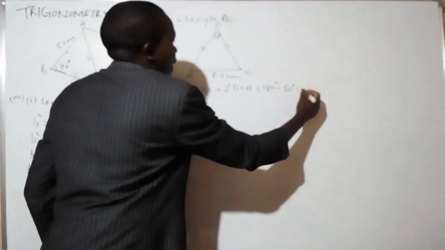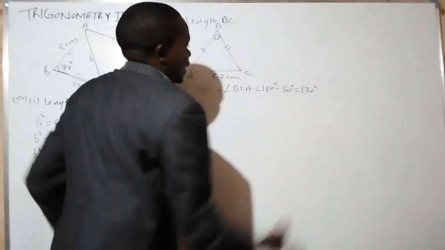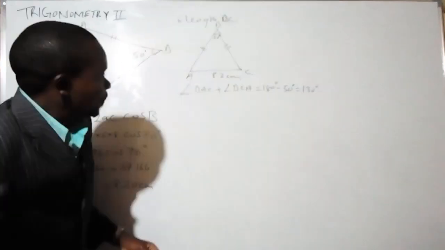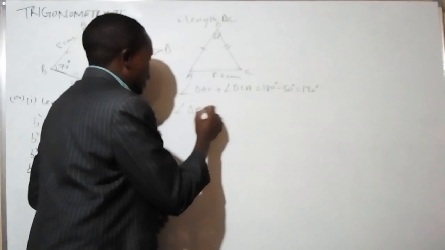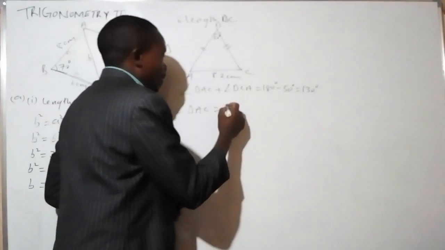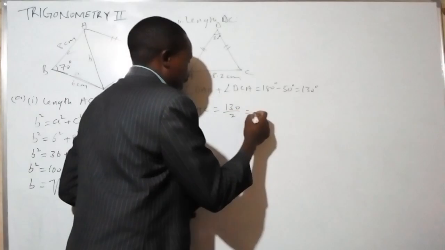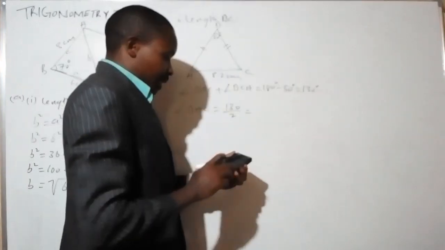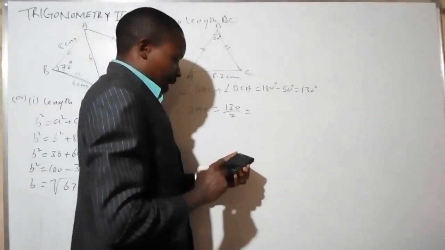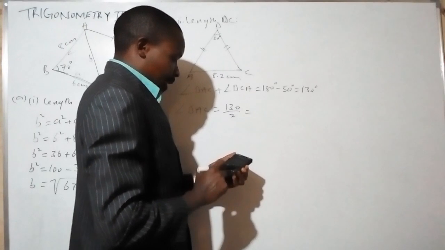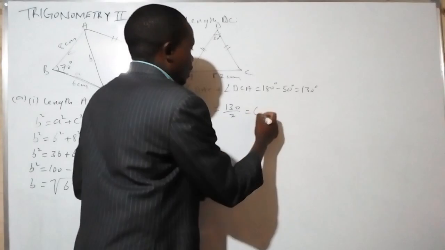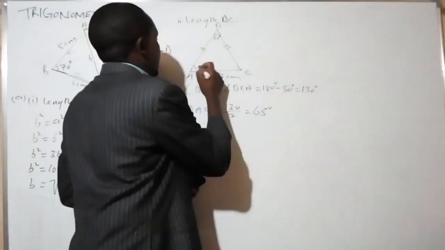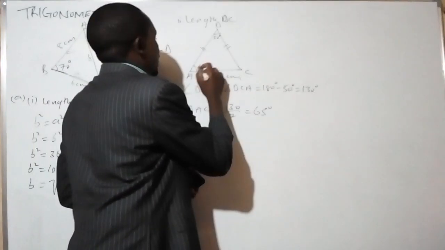Divide by 2 and angle DAC is 65 degrees. We have 65 degrees each, so that the whole adds up to 180 degrees.